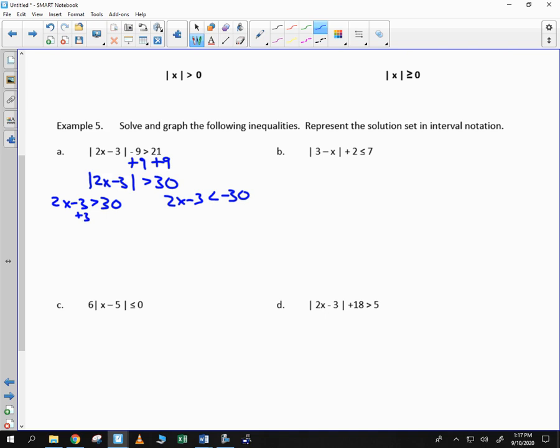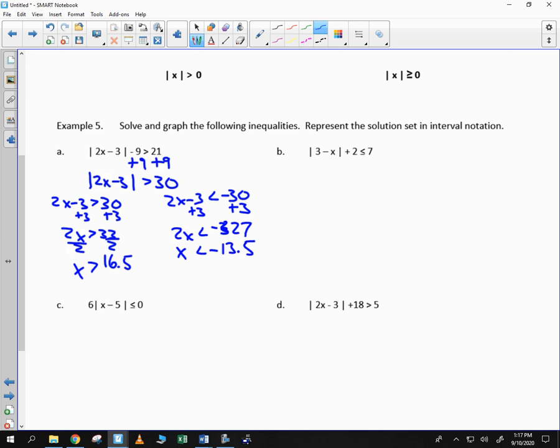Add the 3. 2x greater than 33. Divide by 2. x is greater than 16.5. On the other side, we add 3, and we get 2x is less than negative 27. Divide by 2, x is less than negative 13.5.